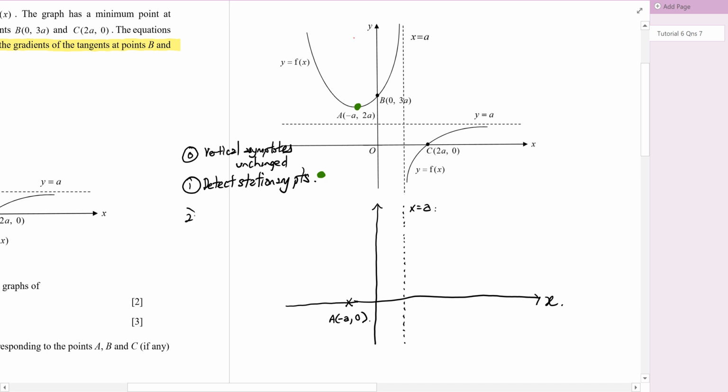Step 2, you just look at the gradient and see if it's a positive gradient or a negative gradient. Positive gradients are those sloping upwards, and negative gradients are those that slope downwards.